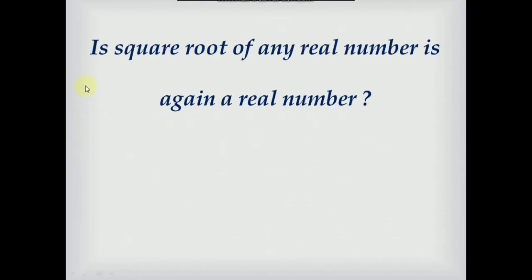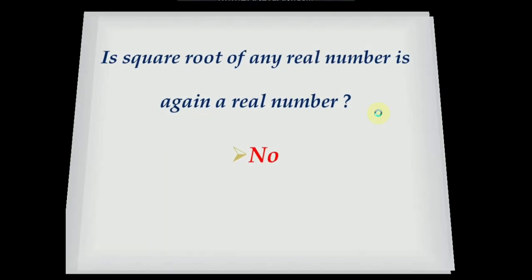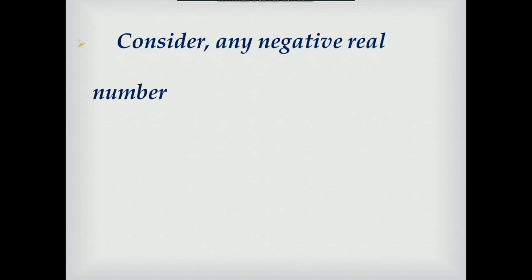Is the square root of any real number again a real number? The answer to this question is no. The square root of every real number need not be a real number. We will see this by an example. Consider any negative real number. Here we are considering the simplest negative real number, that is -1.